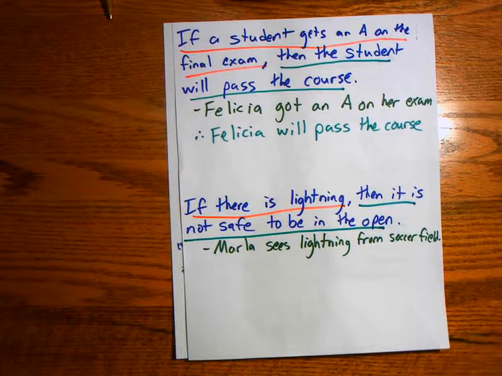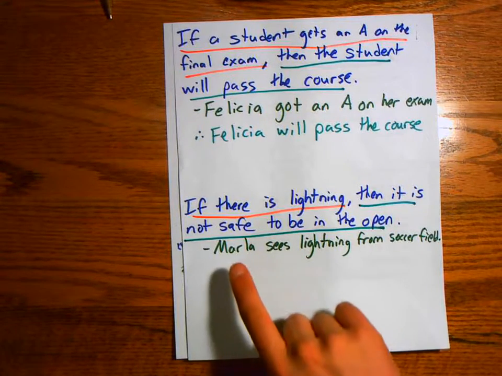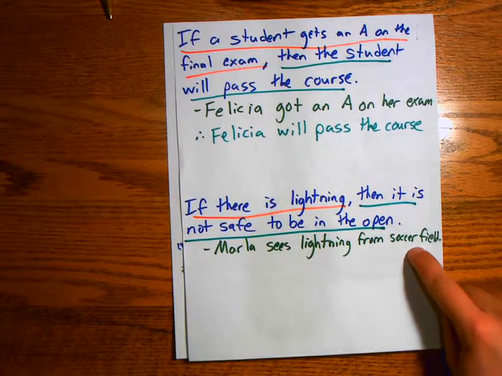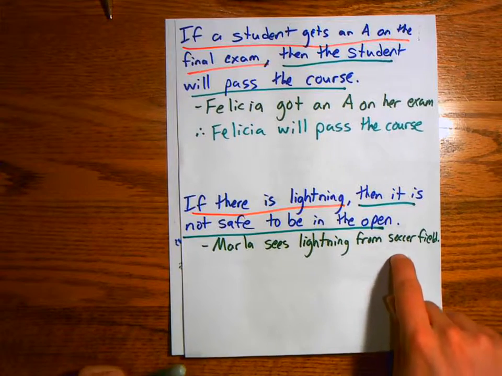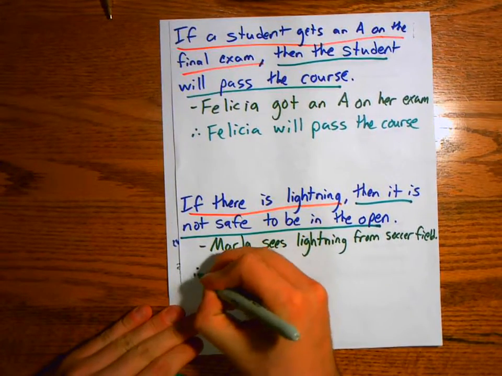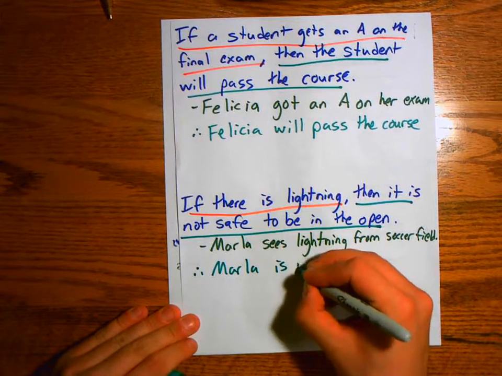If you are outside in the open, then it is not safe to be in the lightning. That would be the converse. But right now, we have a hypothesis of if there is lightning, and the conclusion is then it is not safe to be out in the open. We have a statement that Marla sees lightning from the soccer field. So Marla sees lightning, and she is on a soccer field, which is out in the open. Therefore, Marla is not safe in the open.